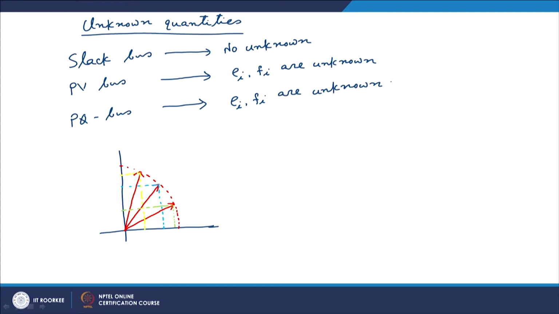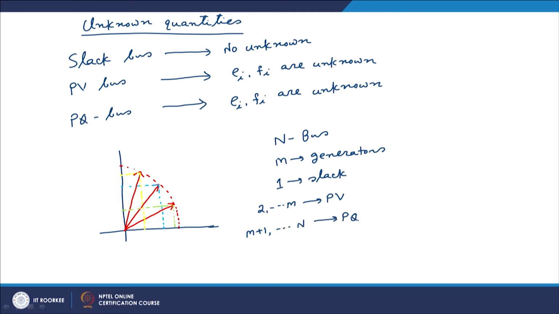Now, let us see what is the total number of unknowns. For that, we again take our same assumptions, that we have an n bus system, there are m generators, bus 1 is the slack bus, buses 2 to m are PV buses, and m plus 1 to n are PQ buses. So, here the total number of unknowns would be 2 into m minus 1 for the PV buses, and here the total number would be 2 into n minus m for the PQ buses. For the slack bus it is 0.